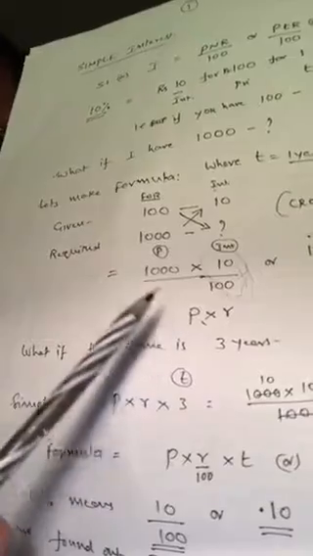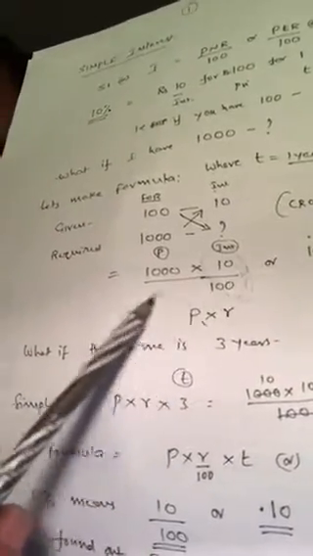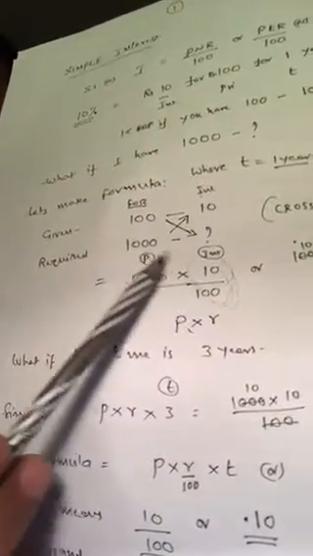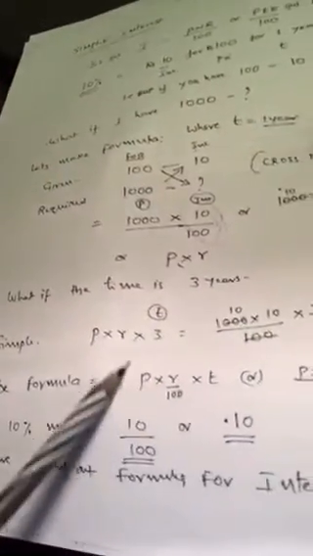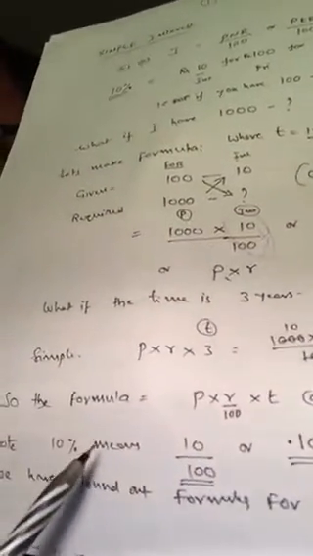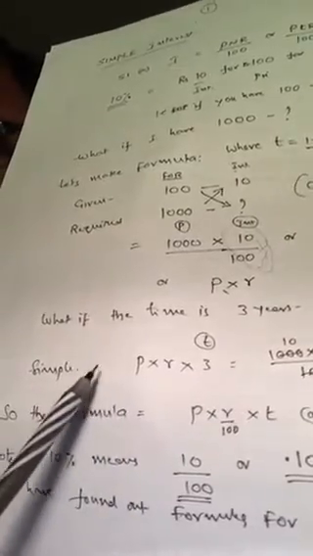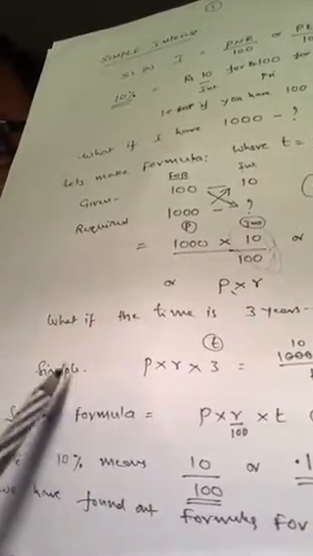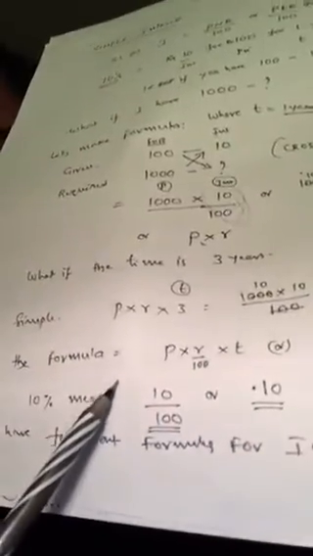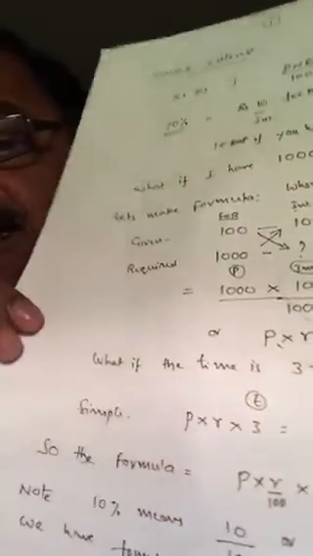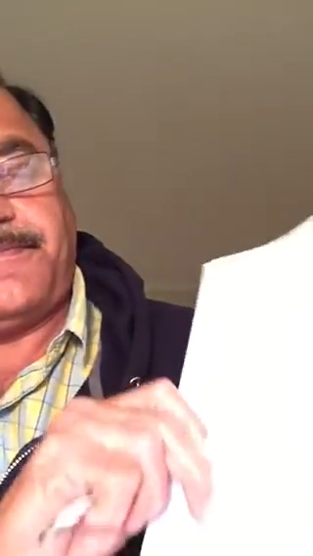So first we calculate the interest portion with this formula PRT by 100, and add to this interest portion the principal again, that is PRT by 100 plus principal of 1000, totally it becomes 1100. So this can be represented as a formula like this.